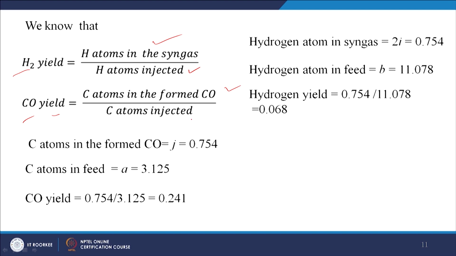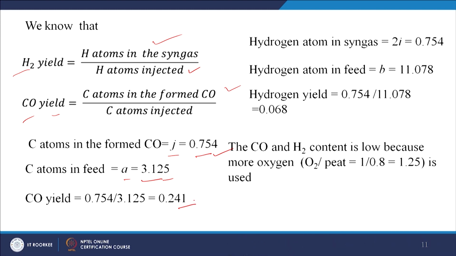So, in this case, the carbon atoms formed as CO, the moles of CO, that is equal to J, that is 0.754 we have got, and then carbon atoms in feed is equal to A, that is 3.125. So, what is the CO yield, that is this divided by this, so 0.241.